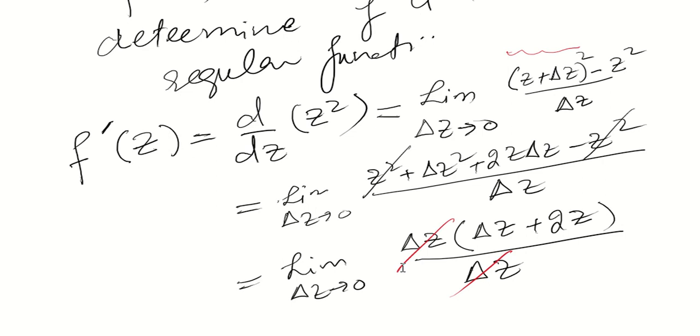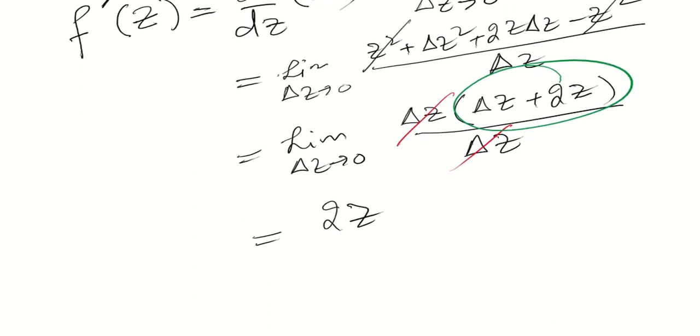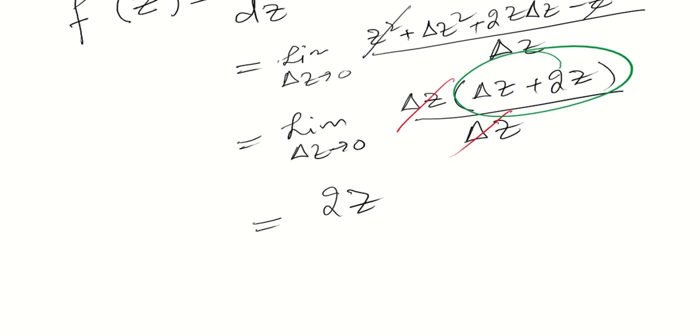So when we apply the limit to this, delta z goes to 0, which means we are left with only 2z. So this is simply the derivative. Now tell me one thing, think in your mind: does this 2z value depend on the path or not?